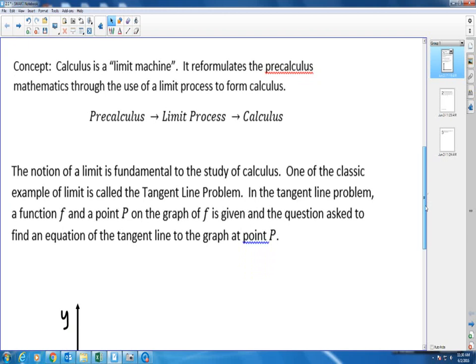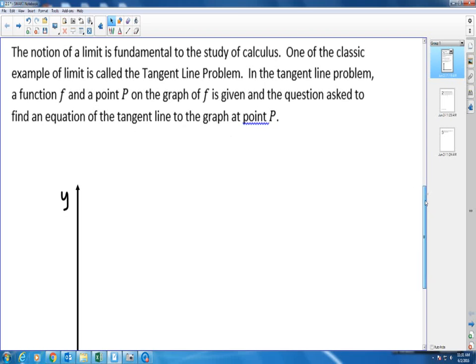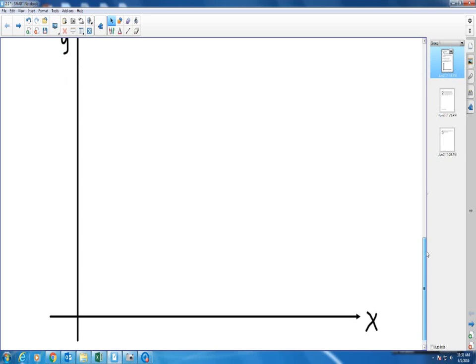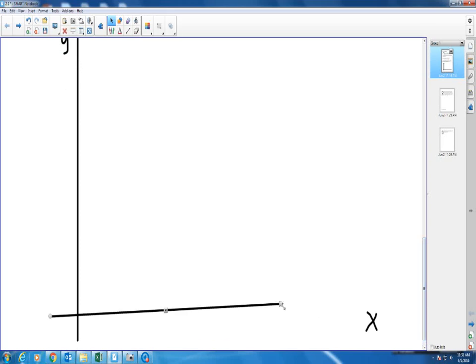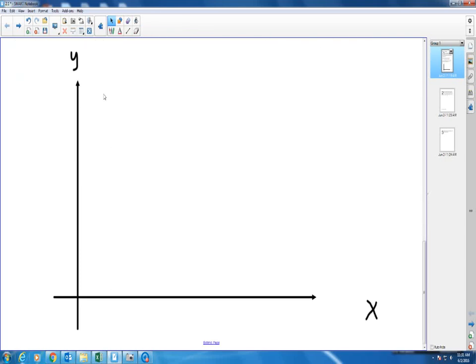One of the most basic examples of a limit is called the tangent line problem. In the tangent line problem, let's say we have a function f and a point on the graph, and the question asks us to find an equation of the tangent line at a point P. So basically, what we have is a curve.